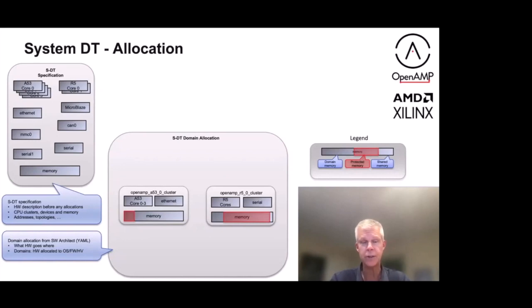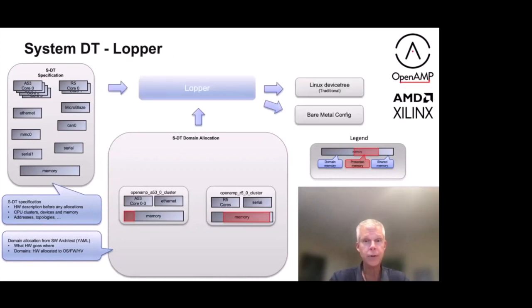And then the other cluster is running on the R5 cores. And we're going to demonstrate how we use Lopper to then prune this device tree and create the regular traditional device tree for Linux. And we're going to make some changes in the YAML file and see that with one source, we then can very easily change what you generate and how Linux and the bare metal will look at the system.